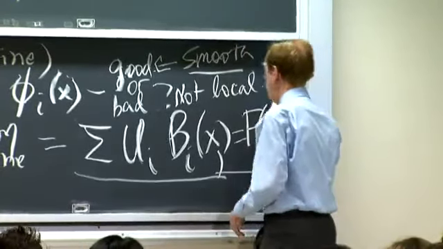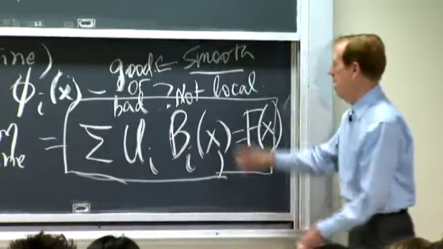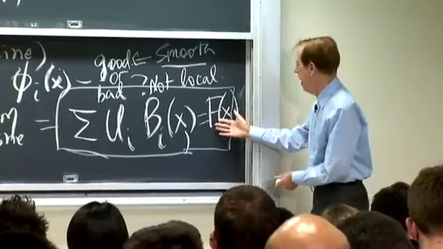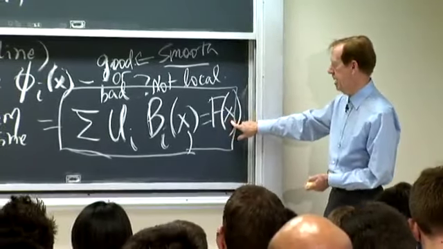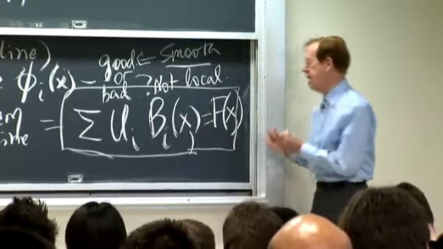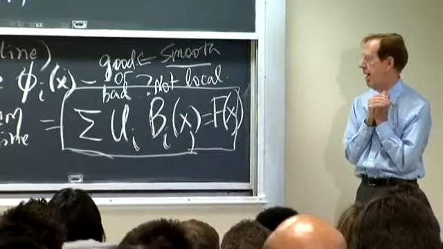This is my system to solve. I create these functions, these B-splines. I'm given f at typical points, and I choose a combination which matches f at those points.